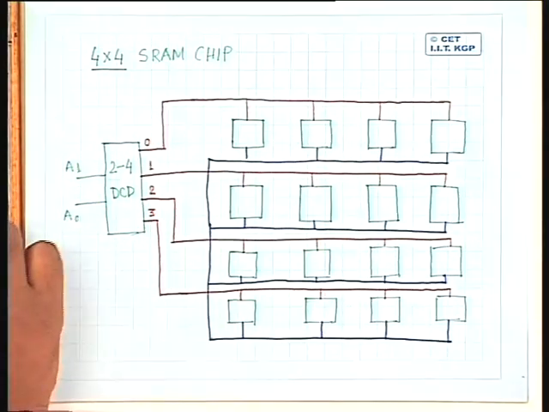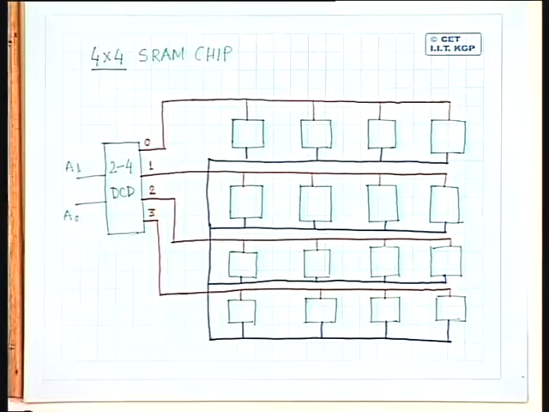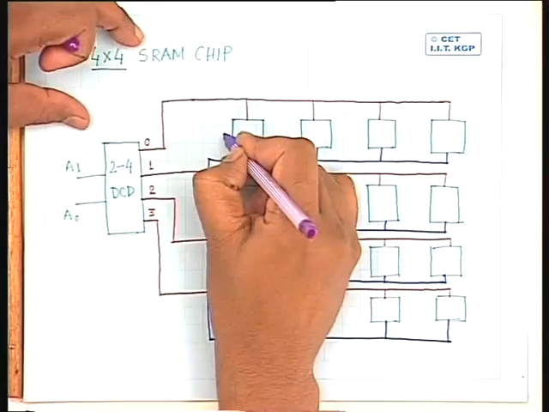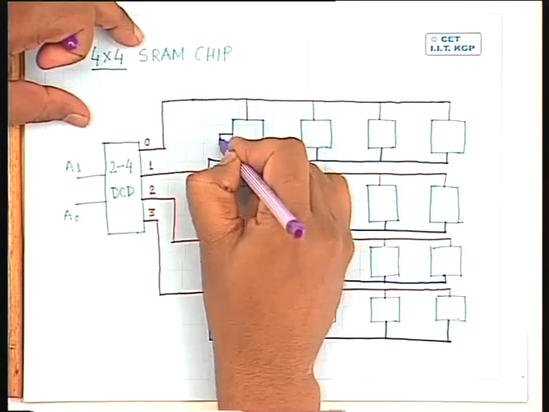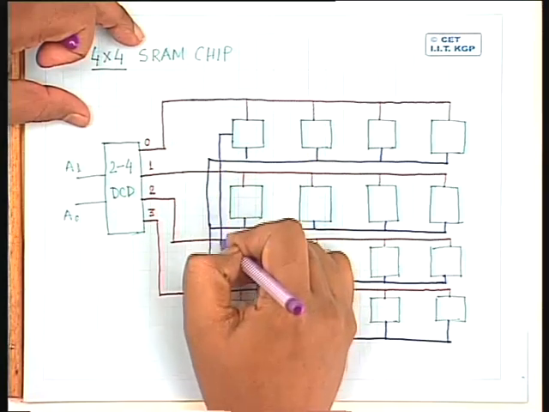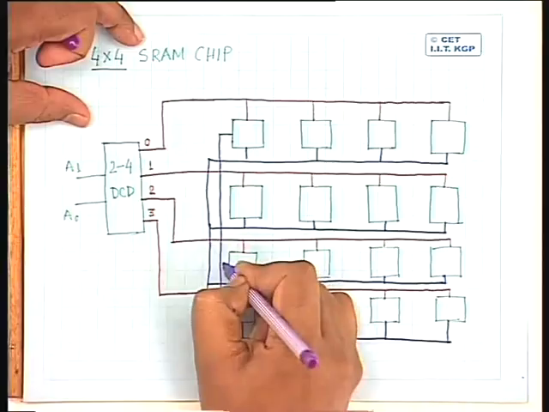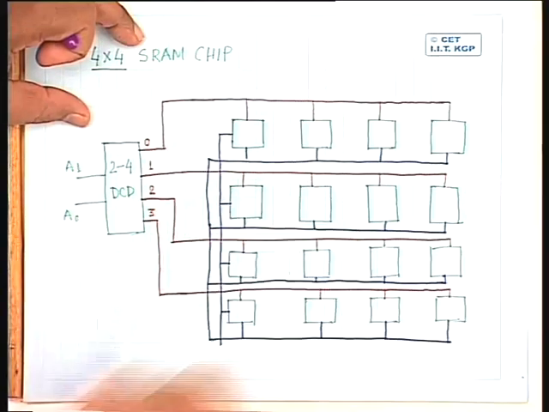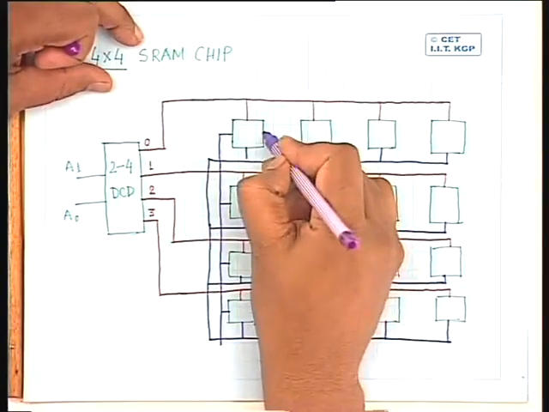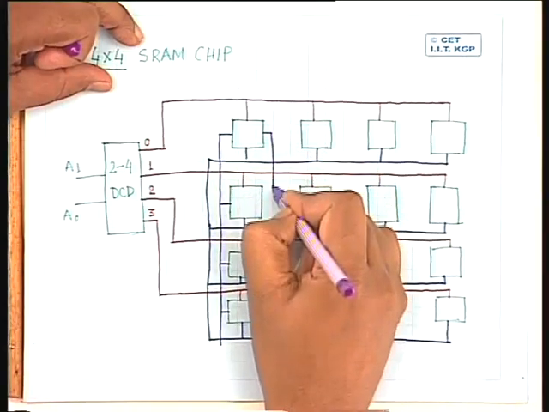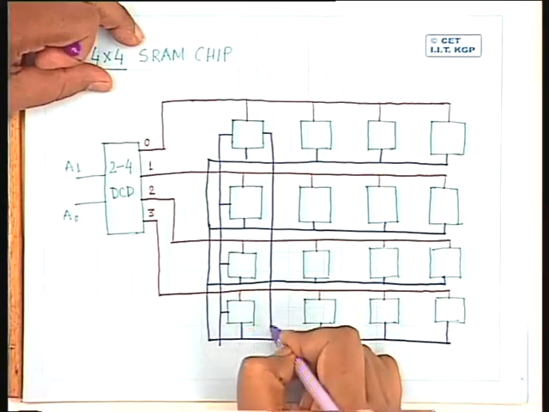Again, what we can do is very simple. So these are the data in lines. We connect the data in lines of all the cells in a particular column together. Similarly, the data out lines of all the cells in a given column together.